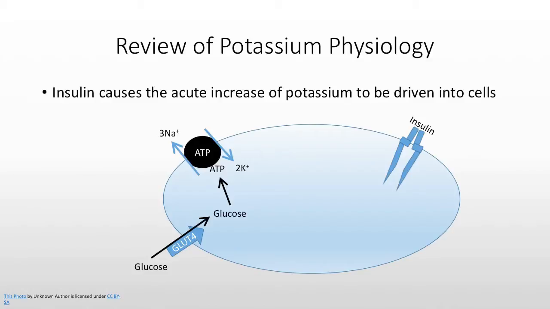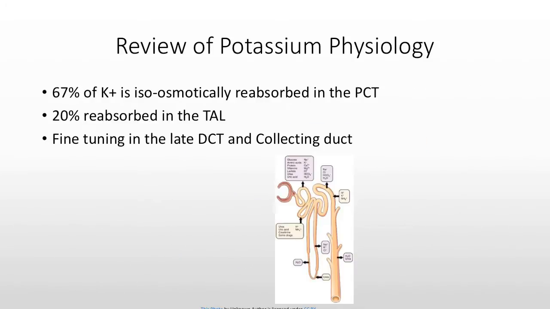So the principle of physiologic homeostasis is that the intake of something is equal to the output of that same thing. So whatever potassium we take into our body, it has to equal the potassium we excrete out of our body. And that's where the kidneys come in.